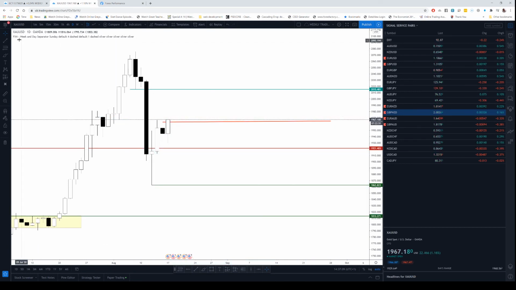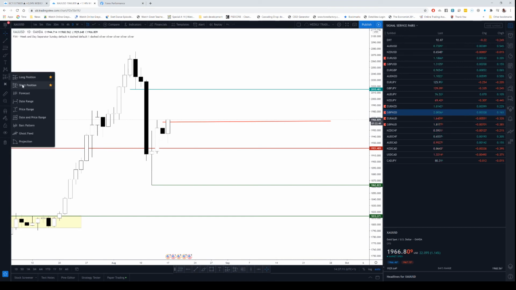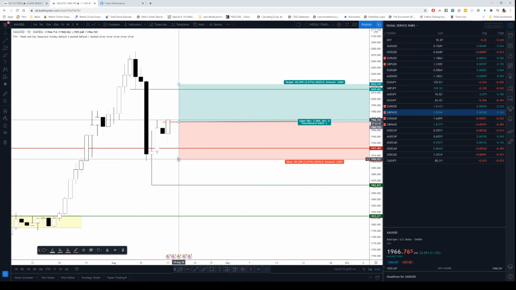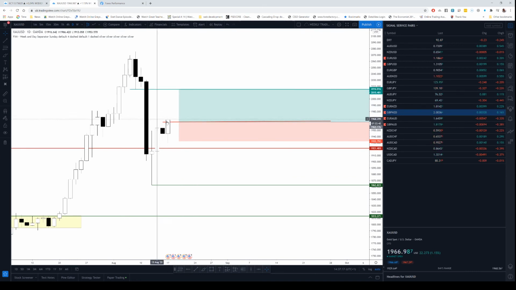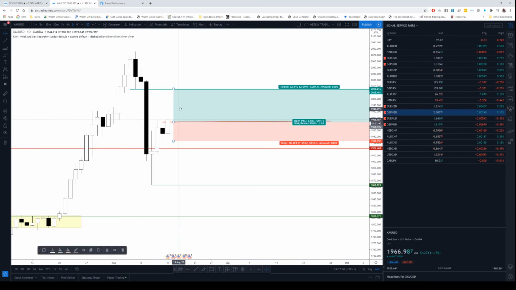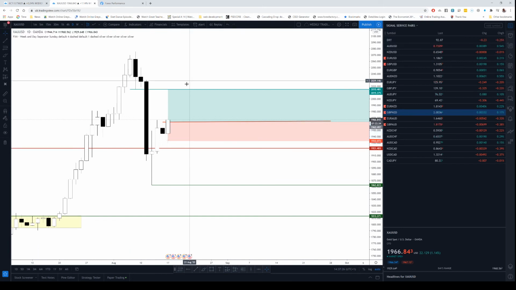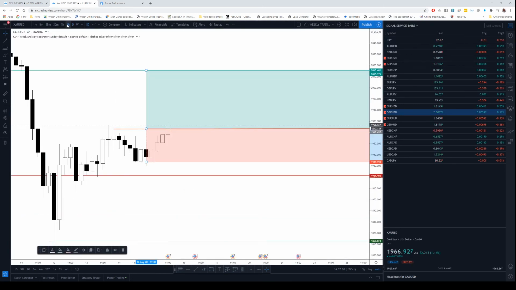Let's take this one off and long it to there. So if you do get gold to close as it is, then you can take a long to that level up there. That'll be a possible trade idea.